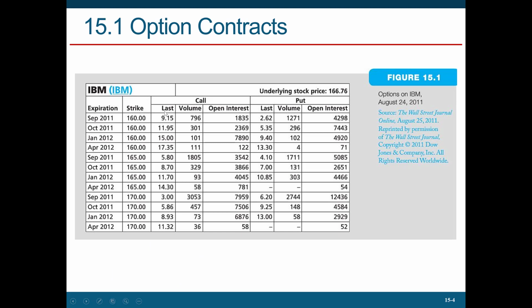This is not an obligation, meaning that you would buy the share for 160 only if it is favorable for you to do so. You don't have any obligation to do that. If it is not favorable for you to undertake this particular transaction, you can choose not to.